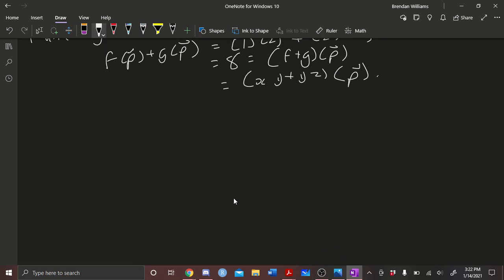What I want to show is that the product of two continuous functions is continuous.